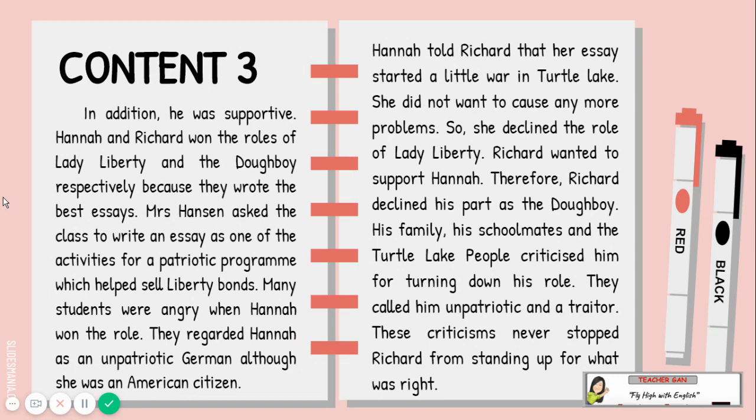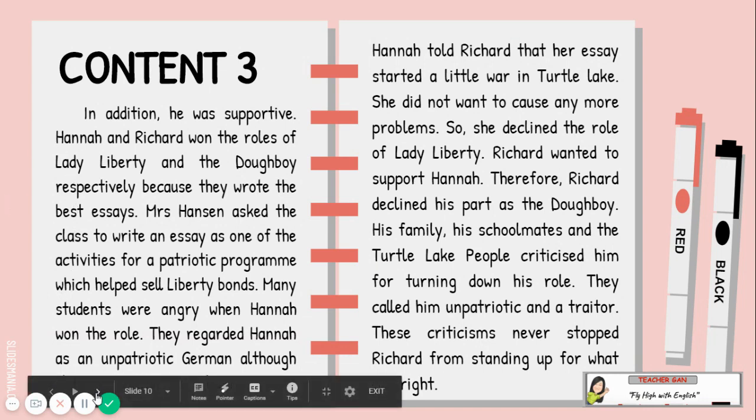His family, his classmates, and the Turtle Lake people criticized him for turning down his role. They called him unpatriotic and a traitor. Remember, this part also scolded Richard about this. This criticism never stopped Richard from standing up for what was right. So this is the last evidence for the answer.